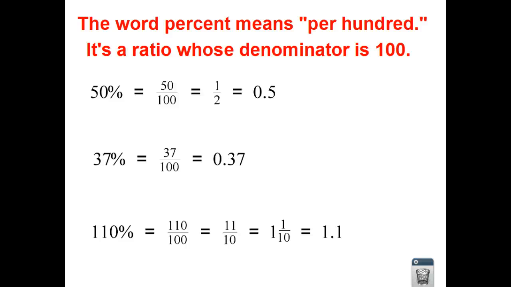So if we're dealing with this first example that says 50%, that percent sign means we're going to take that number and compare it to 100. So we have a fraction called 50 per 100. And if we were to reduce that fraction, which we always want to do here when we're talking about percentages, we want to reduce it down to its simplest form. And in this case, we get 1/2.